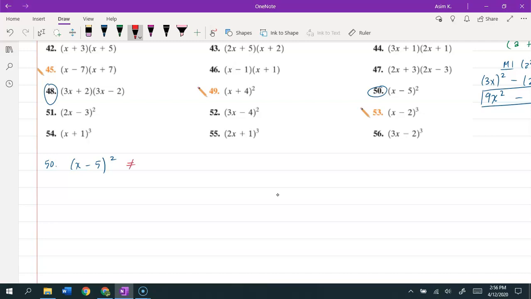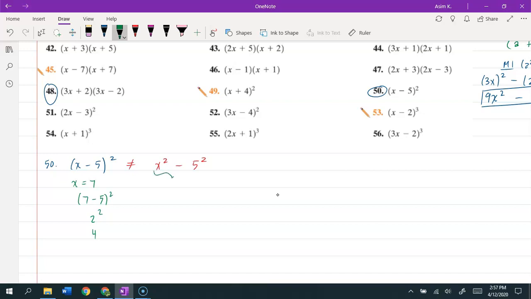Here's what it's not equal to. This is not equal to x squared minus 5 squared. That's not true. Okay, it does not work that way. And the best example I can give you is pretend x was equal to 7. So if x was equal to 7, 7 minus 5 squared would have given you 2 squared, and 2 squared is equal to 4.